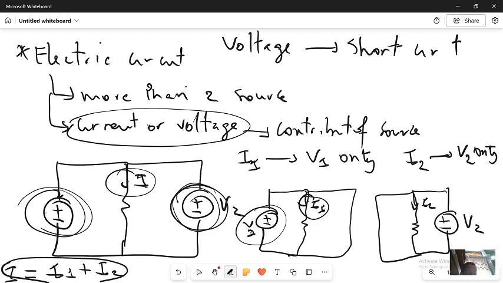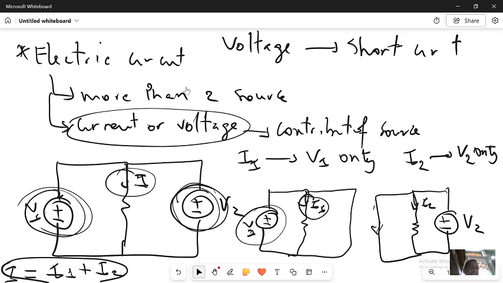Because the current I is the output contributed by the summation of V1 and V2 when both are acting together. Here, when there is only a short circuit, all the current will pass through it, so this one is going to be 0 in this case.